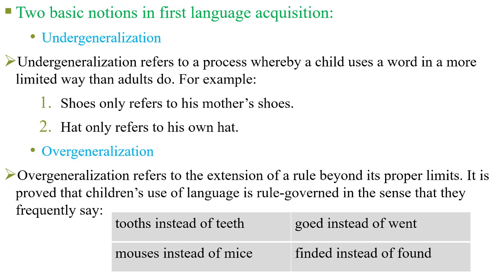If we go to the first ones, we have tooth and mouse. These are plural. So the child, for example, comes up with the fact that to form the plural, we add s to the singular noun. So they apply this to all nouns.